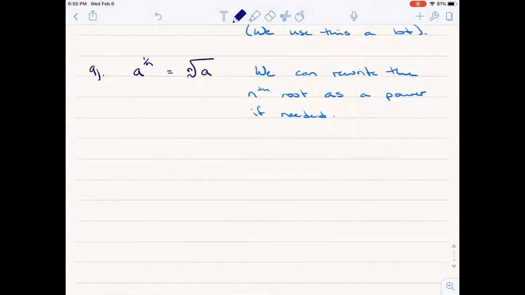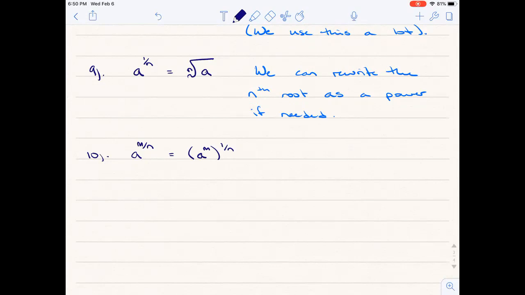Rule number 10 is just an extension of that. So a to the power of m over n. Now we know that we could rewrite this as a to the power of m to the power of 1 over n, right?